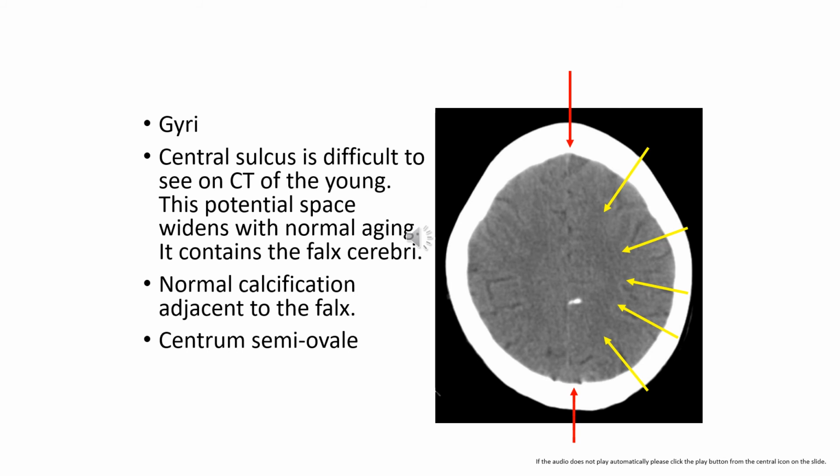If you click, we'll see the two red arrows, and this shows the central sulcus as a division between the right and left cerebrum. Now, this can be difficult to see in a young patient like this, but this potential space widens to some extent with normal aging and with the development of atrophy.